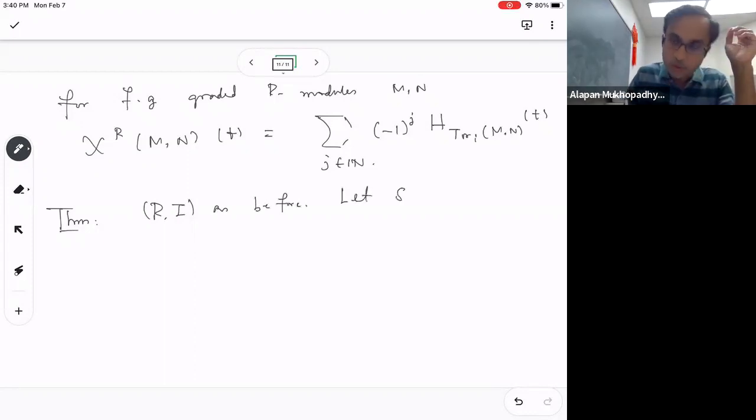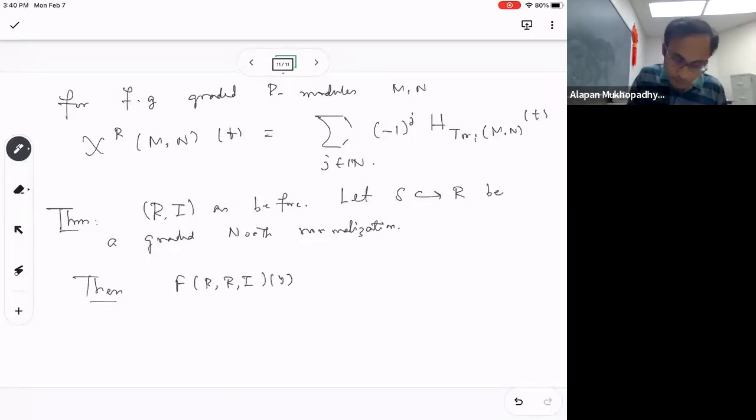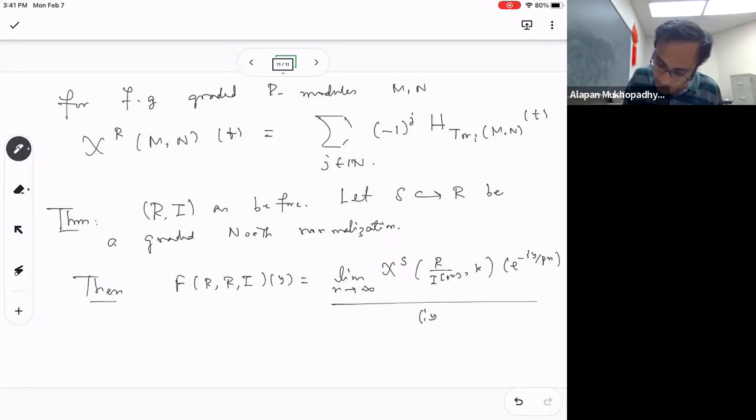Choose a graded Noether normalization S of R. Then the Frobenius-Poincaré function of (R, I) at y is just the limit as n goes to infinity of chi_S of R mod I power bracket p power n, where my base ring is now the graded Noether normalization and k was my base field, evaluated at e power minus iy by p power n, divided by (iy) power dimension of R.